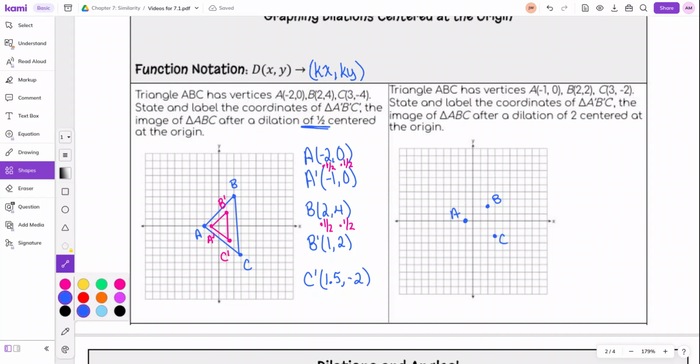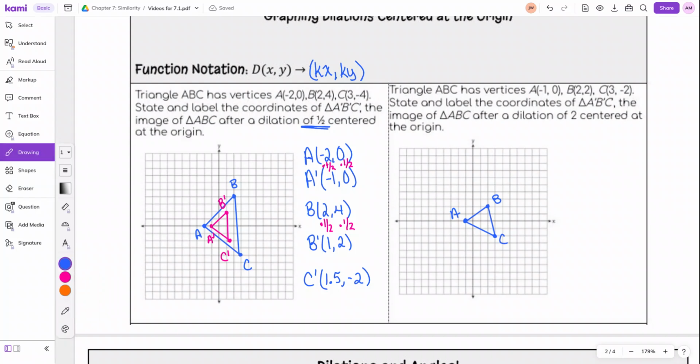Now we're going to dilate this to produce A prime, B prime, C prime after a dilation of 2. So if we dilate using our rule up top, we have our scale factor, which is 2.